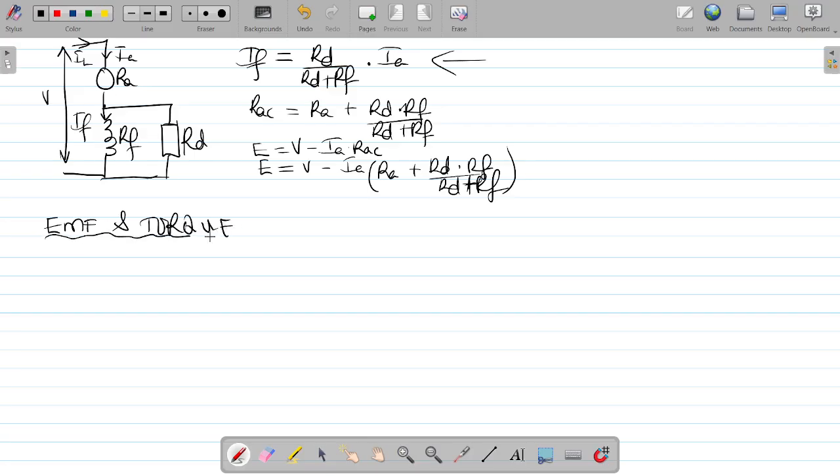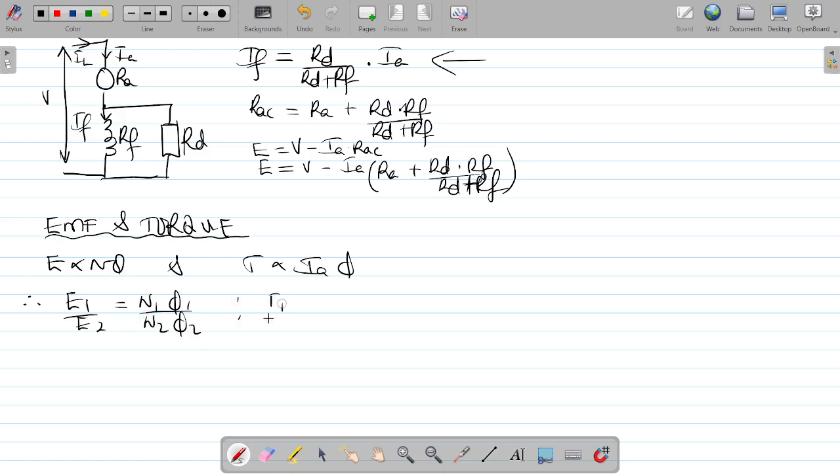So the main formula for EMF and torque says EMF is proportional to speed and flux, and torque is proportional to armature current and flux. So when we compile the formulas, we then say E1 over E2 equals N1 flux 1 over N2 flux 2.